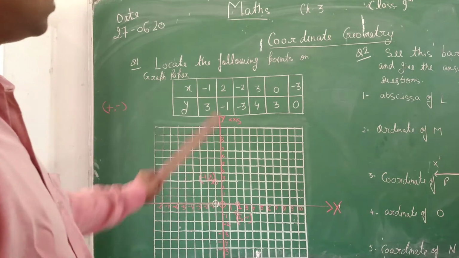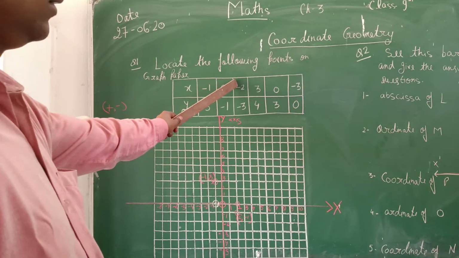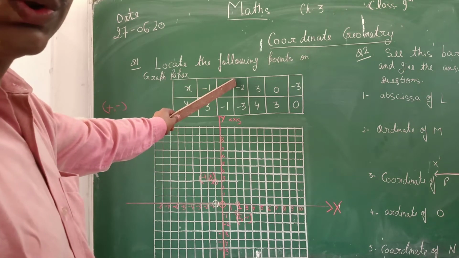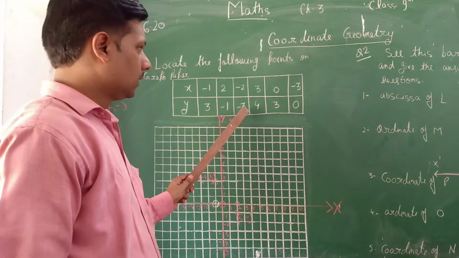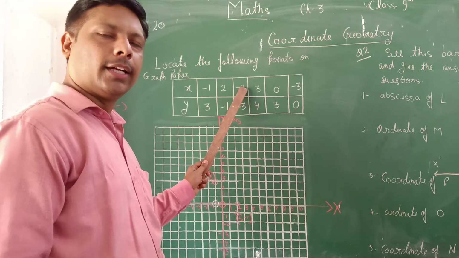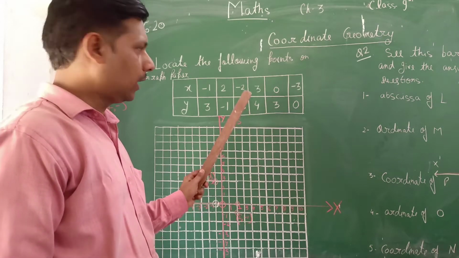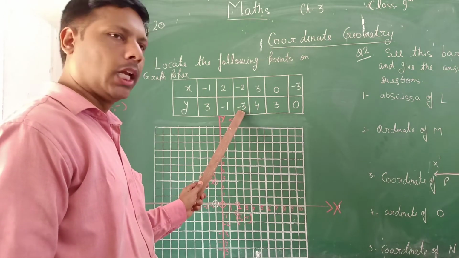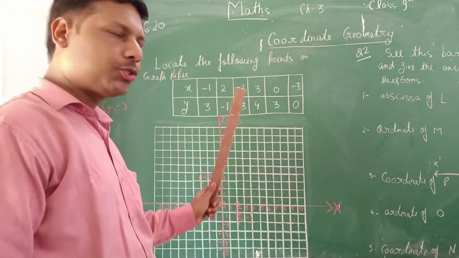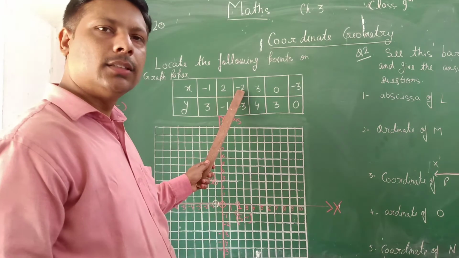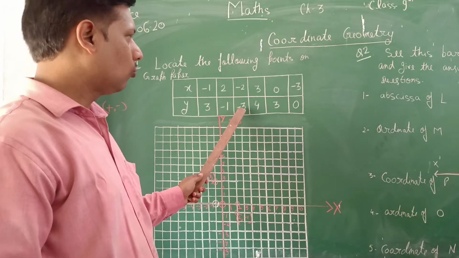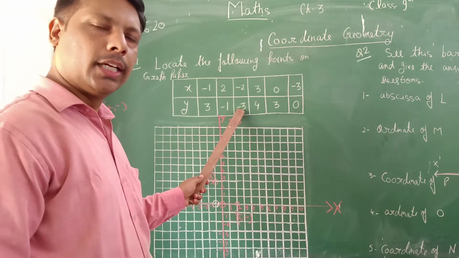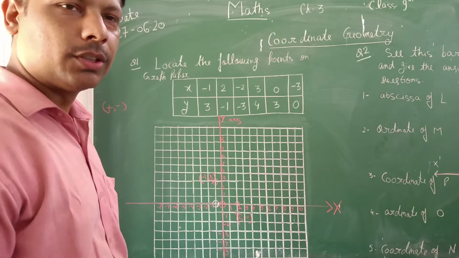Now, take this third point, (-2, -3). Both have negative signs, -2 and -3. So locate left side from the origin, -2, and y is -3. It is downside of the origin.